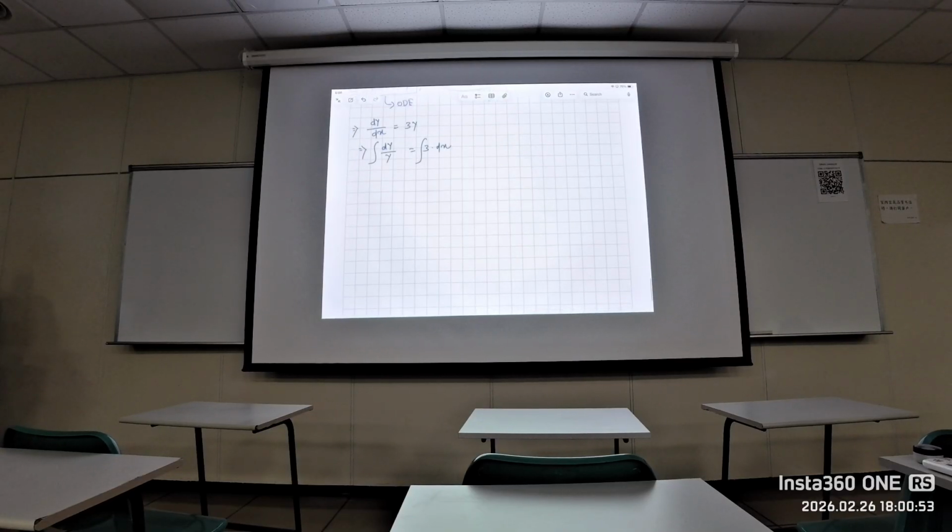When I apply the integration on both sides, can you tell me what I should get? The previous problem was quite similar. Yes, ln y is equal to 3x plus c.